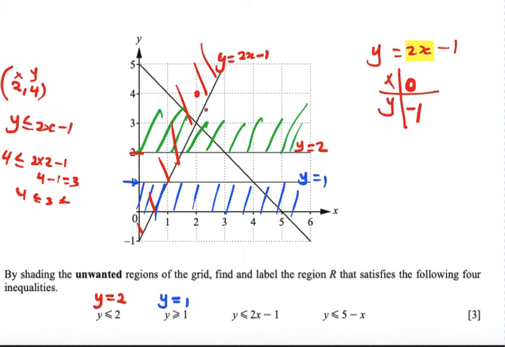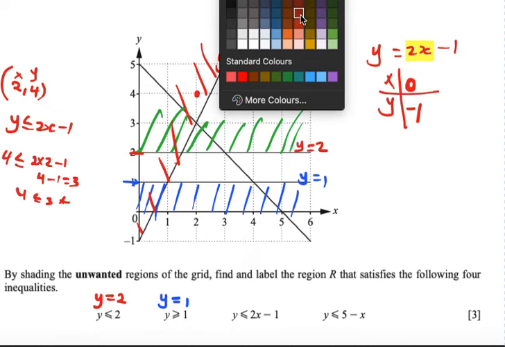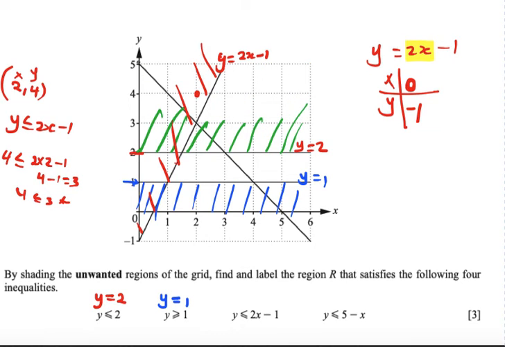Okay, and the remaining line, I'll get another color that we shall use to shade. The remaining line is automatically y is equal to 5 minus x. You realize that the coordinate I picked for the previous line is on the other side of this new line, so we can still use it. So 2 and 4, we can put it there to see if it satisfies the inequality.